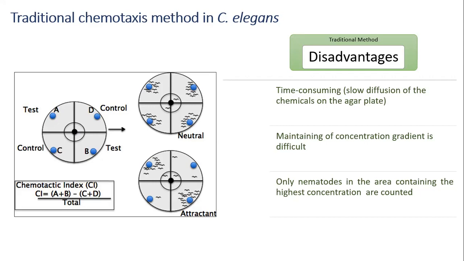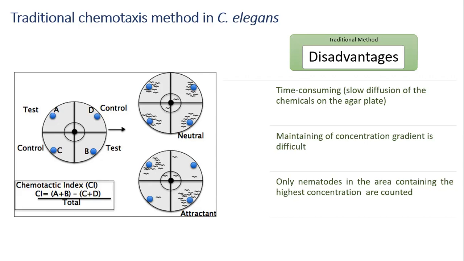However, it is difficult to control this gradient with this method. And finally, only the number of nematodes in the area containing the highest concentrations of chemoeffector is counted for the analysis. Chemotaxis to other lower concentrations of chemoeffector is difficult to be examined on one plate.